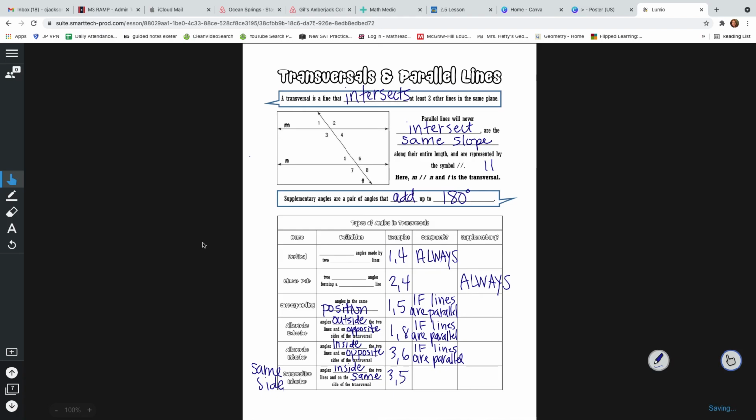My only options are congruent or supplementary. When you look at 3 and 5, what do you think? Supplementary, they're going to equal 180. So same side interior angles are supplementary if what? Lines are parallel.